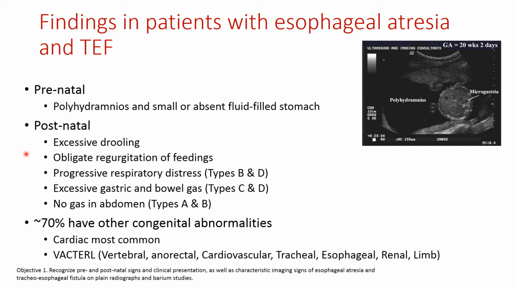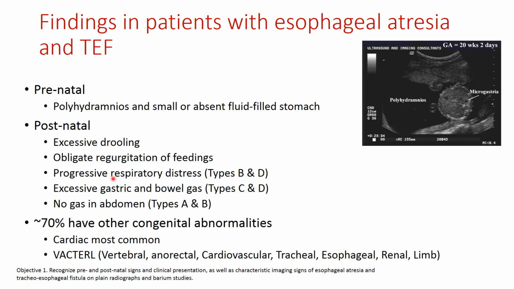Obligate regurgitations of feeding. What I'm saying by obligate is that the patient regurgitates every time they feed, not some of the times like most babies do, but every time they feed, they regurgitate the feedings, and if they don't have a fistula, they'll regurgitate all of the feeding. Even if they do have a fistula, they're going to regurgitate most of the feedings because those fistulous tracts are quite small.